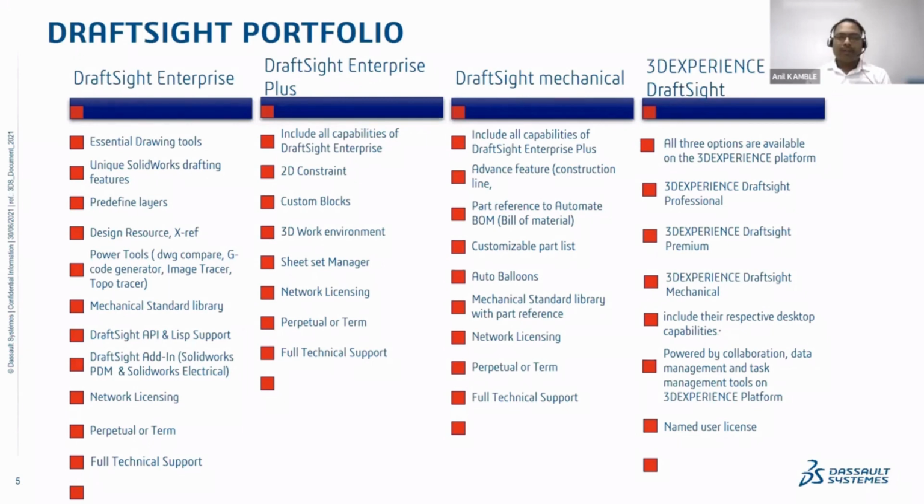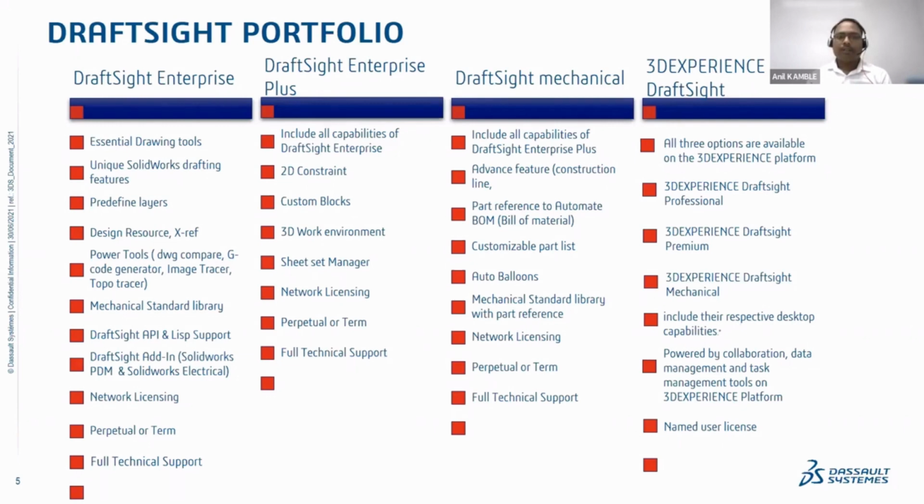Now DraftSight Enterprise Plus, on the other hand, includes all the capabilities of DraftSight Enterprise, and it includes the 2D constraints capability, where you can constrain geometries, and the custom block capability to edit and modify dynamic blocks, or even configure and automate the blocks within DraftSight Enterprise Plus.